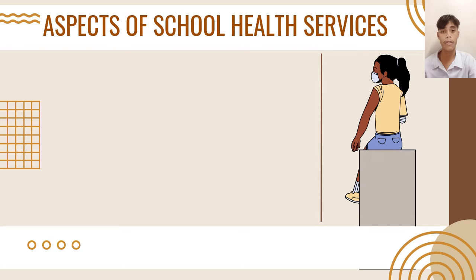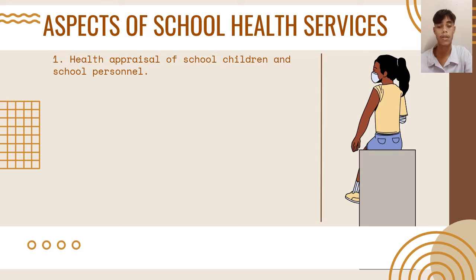So, what are the aspects of the school health services? According to my research, there are 12 aspects of school health services. The following are: first, the health appraisal of school children and personnel.